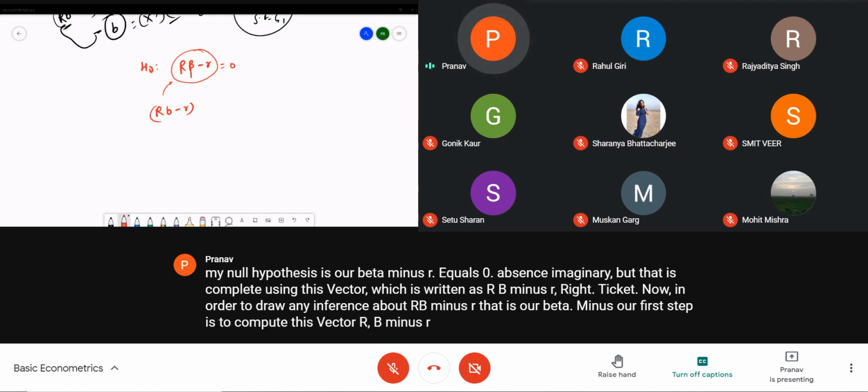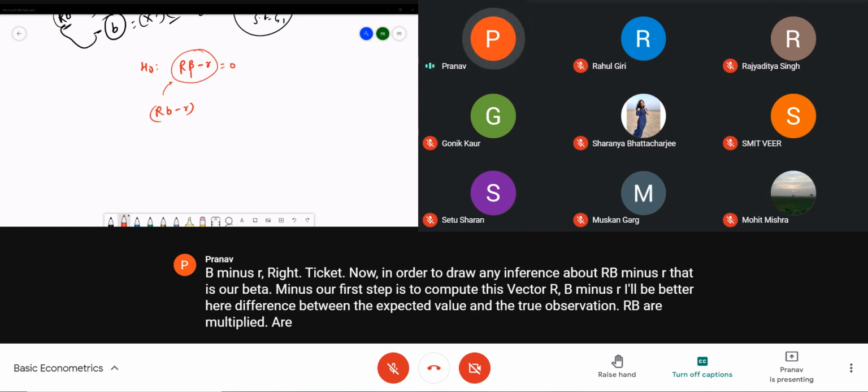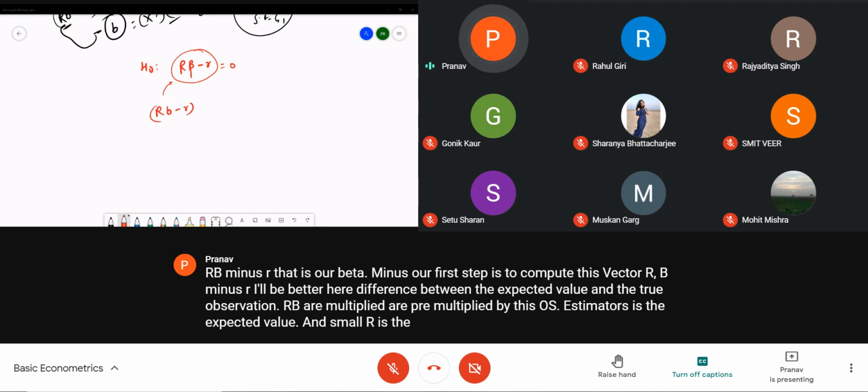Now what is this vector? This vector tells the difference between the expected value and the true observation. Rb, R pre-multiplied by these OLS estimators, is the expected value, and small r is the actual observation that we have.